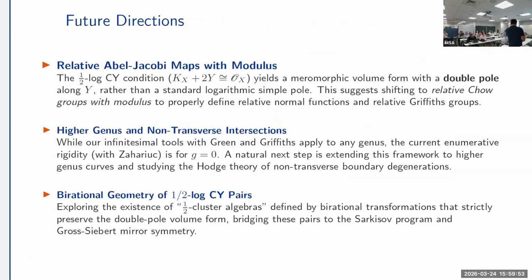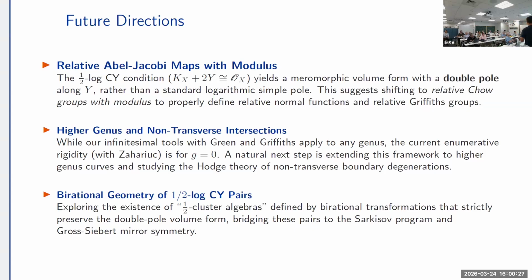Okay, so let me give future directions for this. I really think this log Calabi-Yau is behaving like Calabi-Yau. We just need to find the sense of it. Something that is missing is the volume form. So I tried to copy a lot of their arguments, and they break down because I don't have a volume form. But actually I do have a volume form if I consider a double pole.